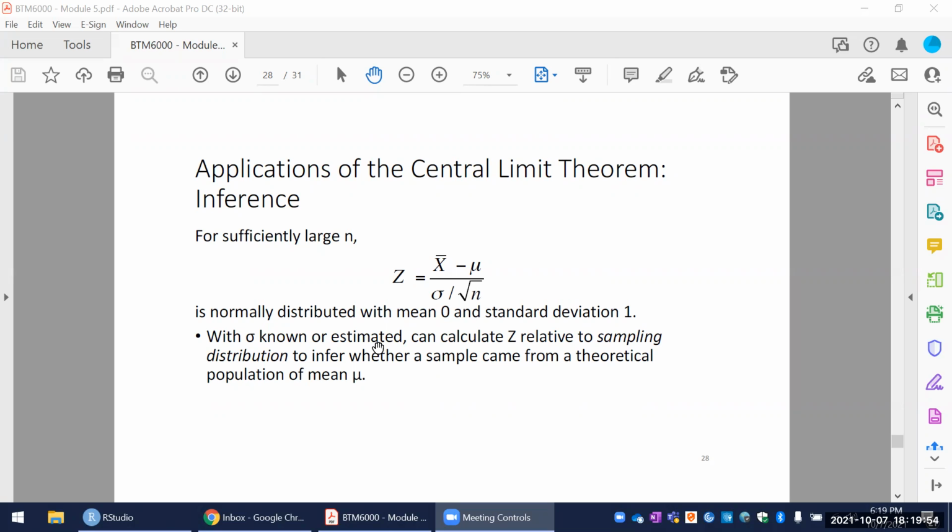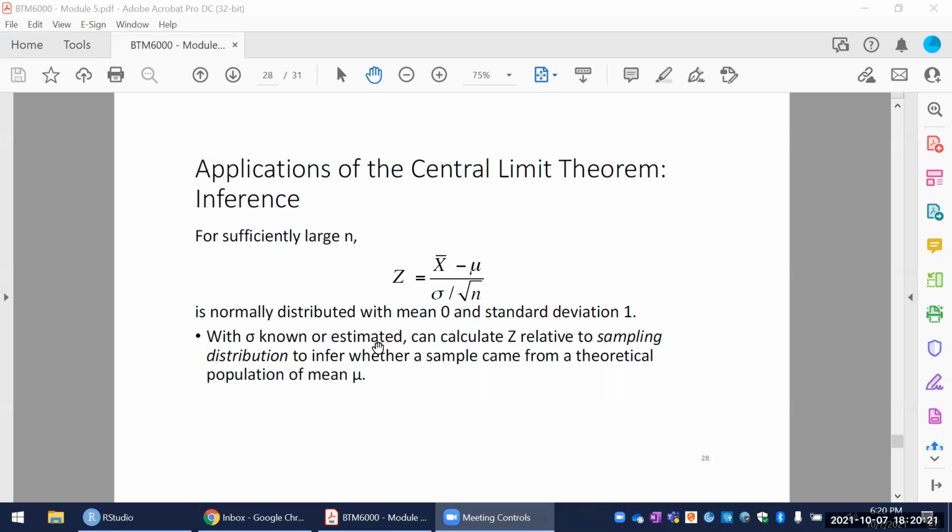And this sampling distribution will essentially be tested where you take the mean of the means of all your samples and you relate it in terms of your Z score to the population mean. So you will want to know whether the samples that you have drawn are significantly different from your population mean.